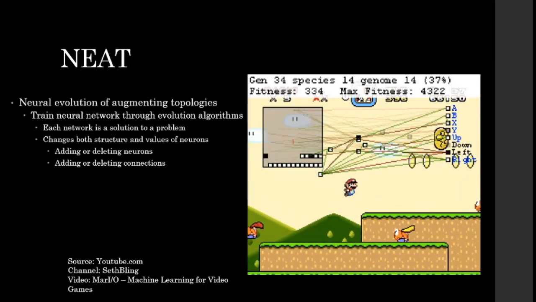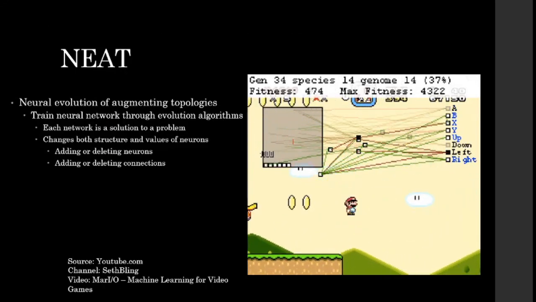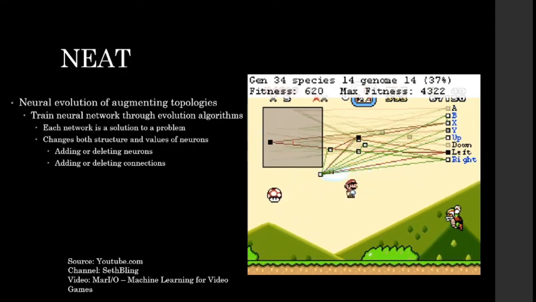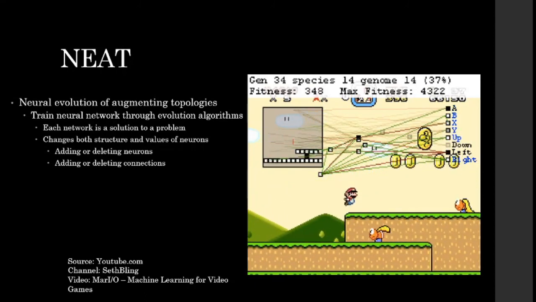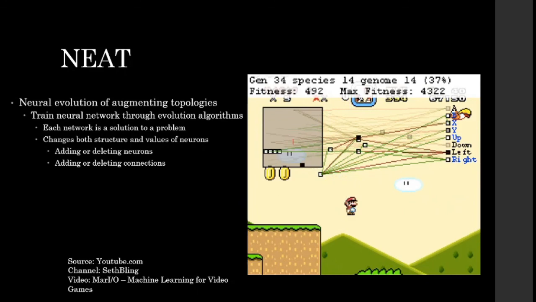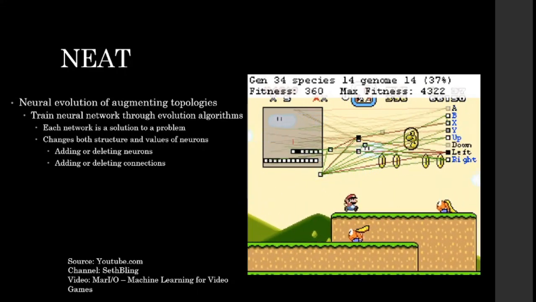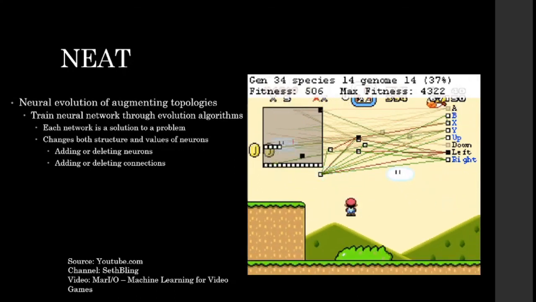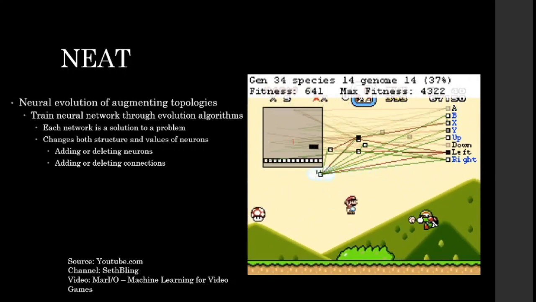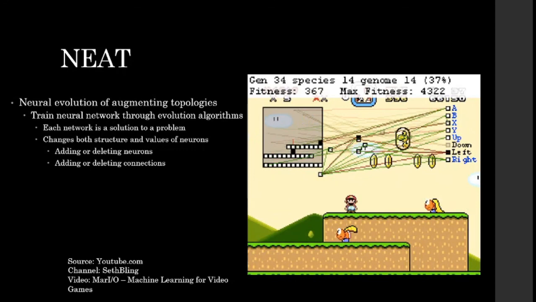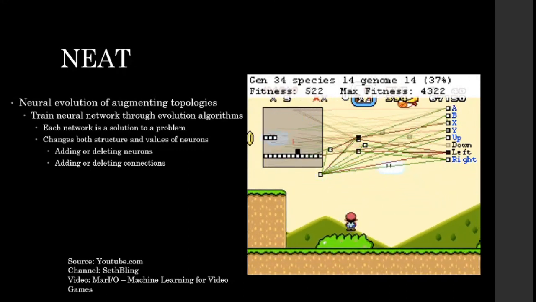One other project that was also adapted to playing Super Mario is the NEAT algorithm. It stands for Neuroevolution of Augmenting Topologies. The idea is it can train neural networks through this evolution algorithm. Each network is a solution to the problem, and this will change both the structure and the values of neurons.